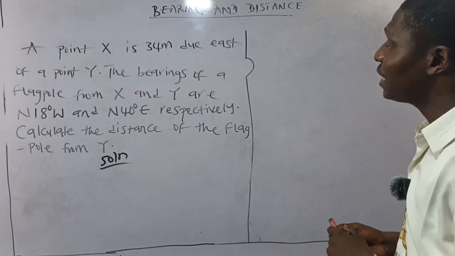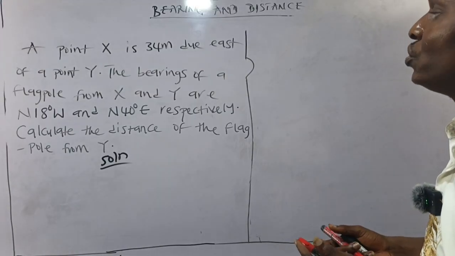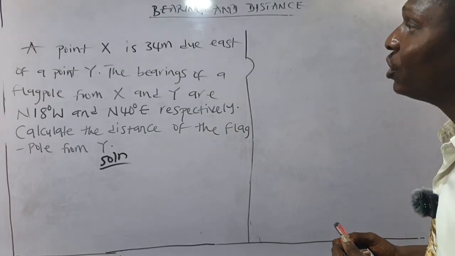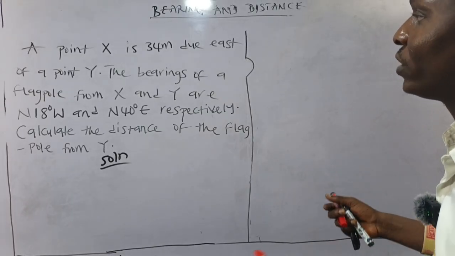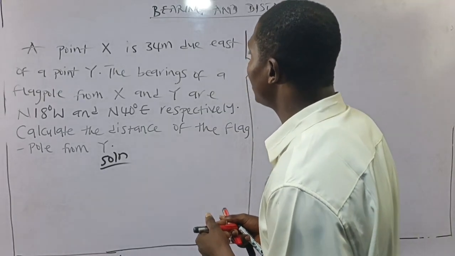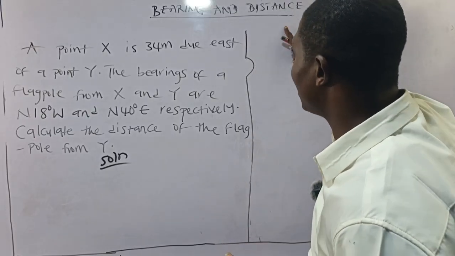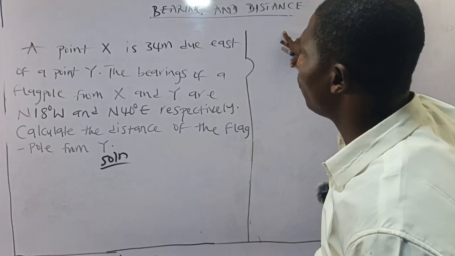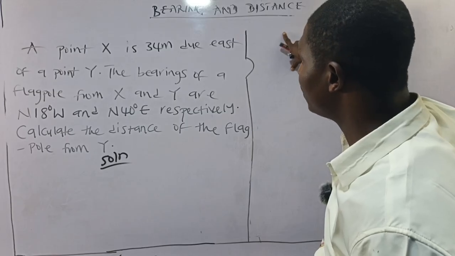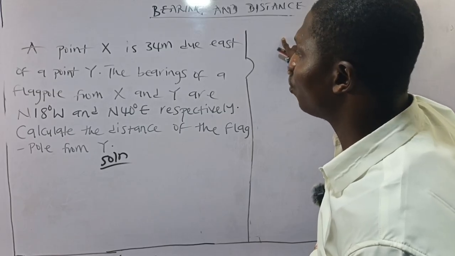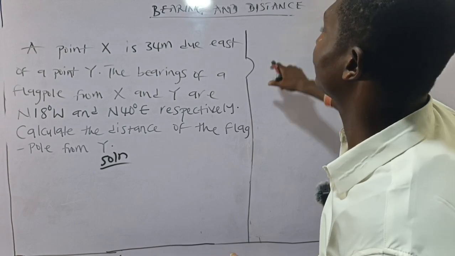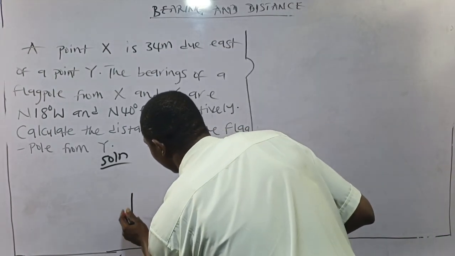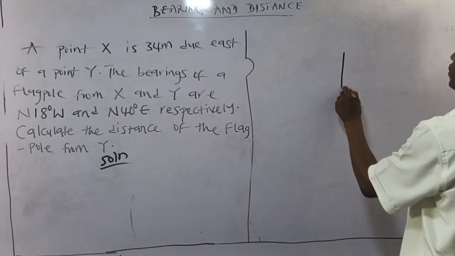Because if the diagram is correct, then all we need to do is to use either the sine or cosine rule, or even SOHCAHTOA or Pythagoras theorem to solve for the angle or distance. Now, it says a point X is 34 meters due east of a point Y. Let me draw a diagram here.